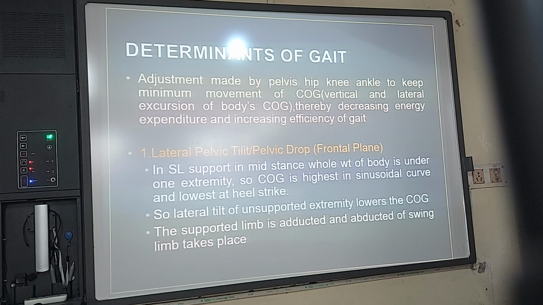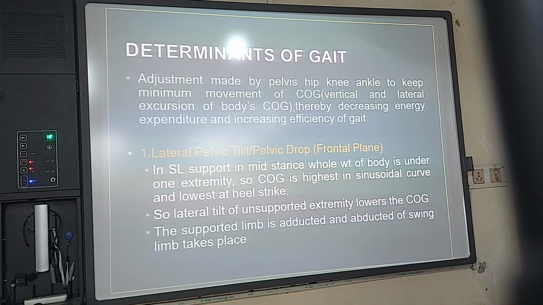The aim is like this only. If it drops and moves in a very large sinusoidal height, then our gait will become inefficient. Fine. Our COG basically follows a sinusoidal curve. There is a drop. You understand at heel strike there is a certain kind of drop, whereas it increases and then it falls back again. It follows a sinusoidal curve.